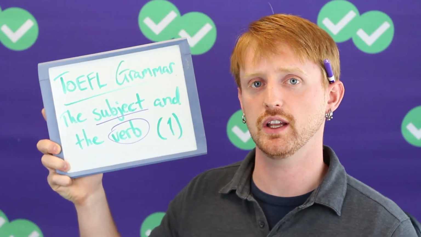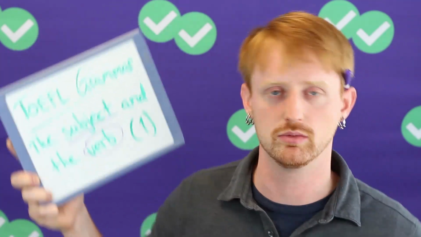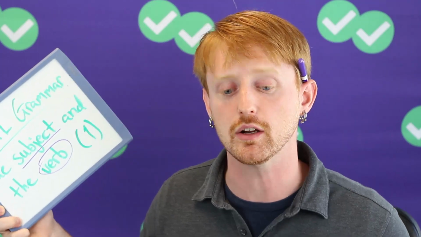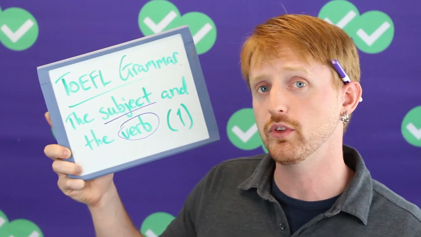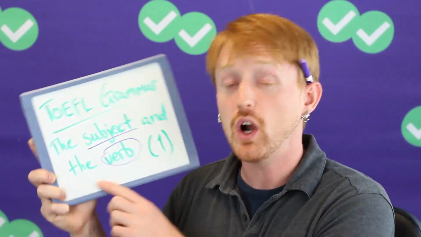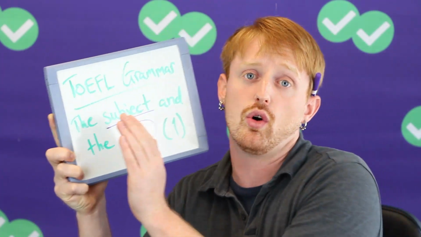It can be a phrase sometimes, a whole noun phrase, or it can be just one word. The verb is very similar, except it is the verb. Run, swim, talk, think, believe, act, is. Those are all verbs, and also the verb of a sentence can be a whole phrase, a verb phrase.